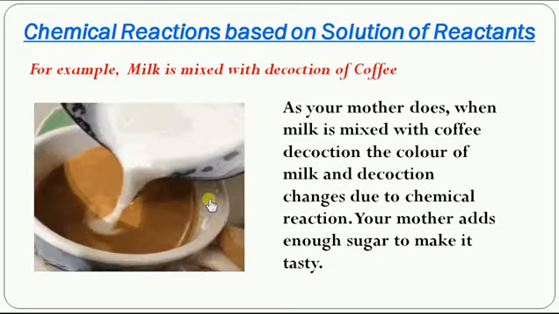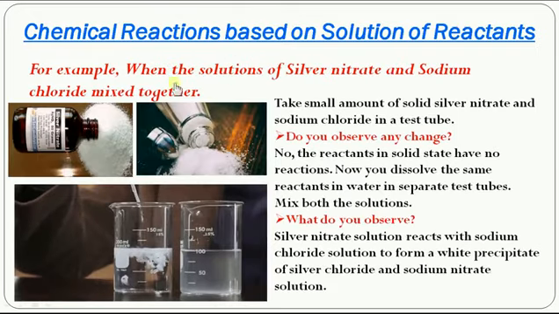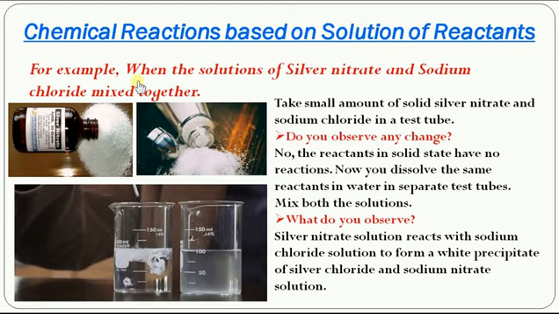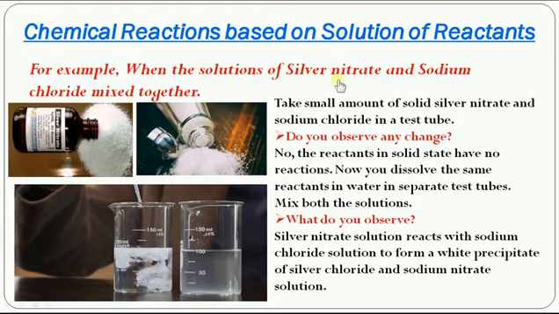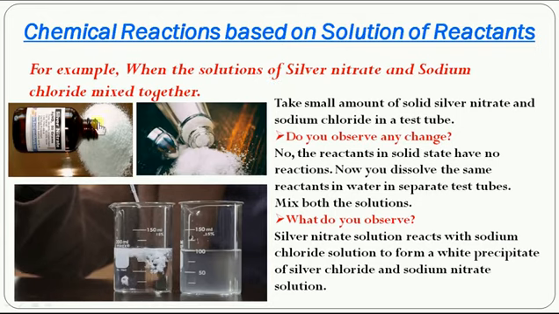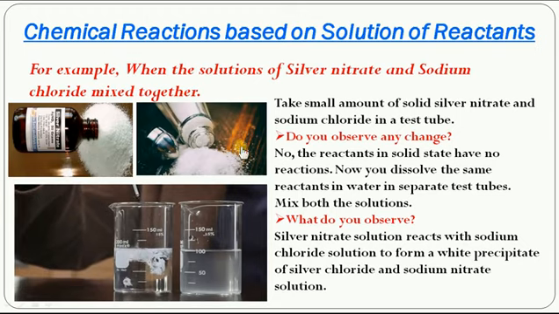The next one is a reaction which usually happens in the laboratory. When the solutions of silver nitrate and sodium chloride mix together, you could see the silver nitrate is a white color solid, and sodium chloride, which is table salt, is again a white color solid.